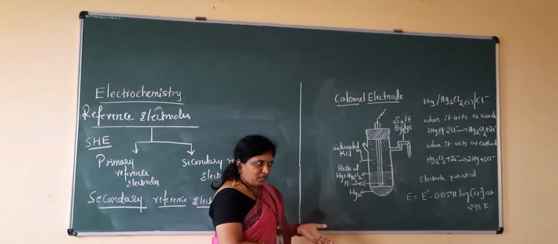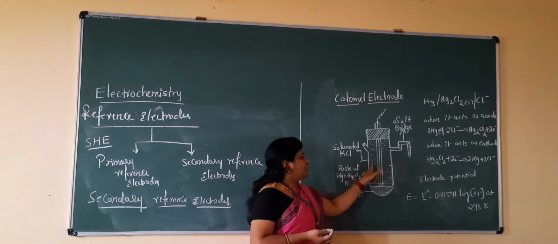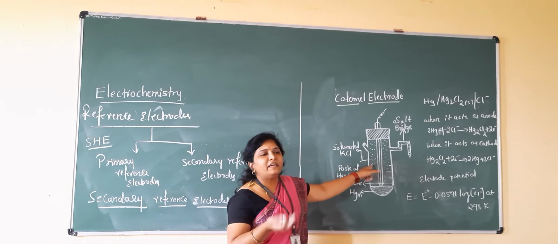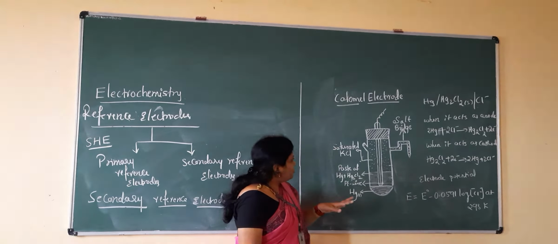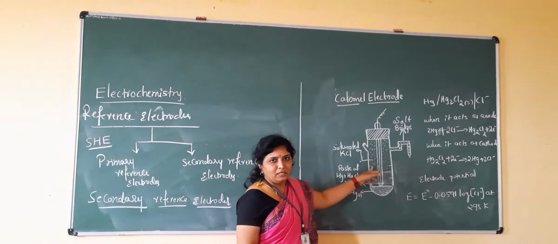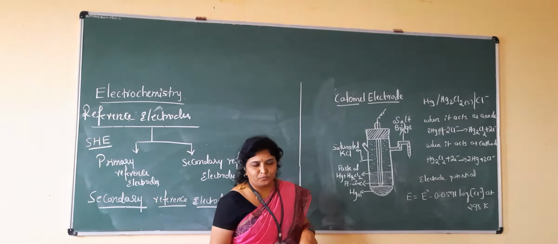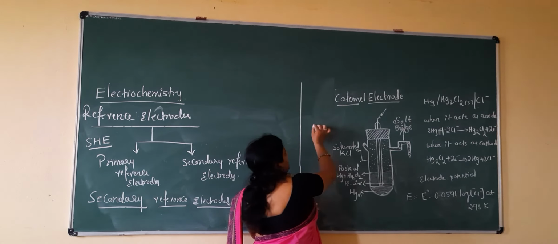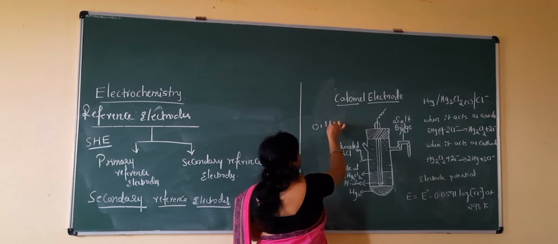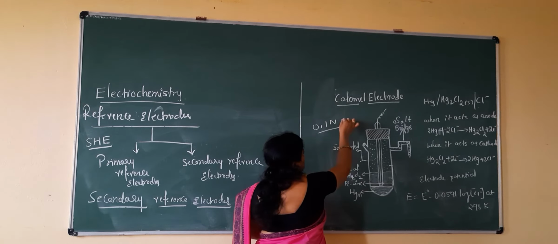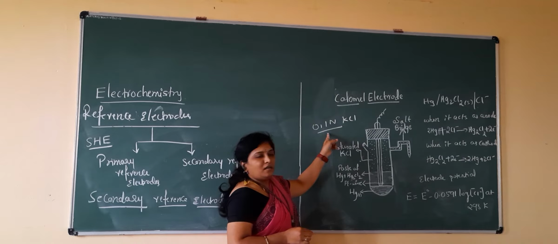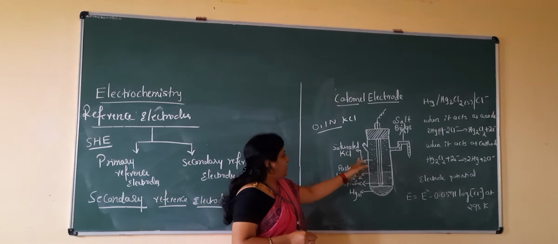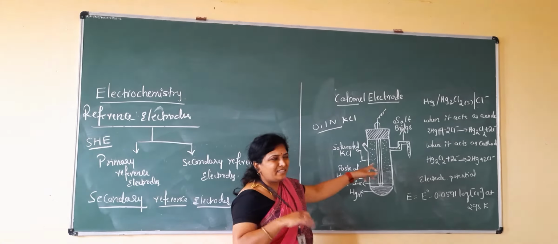Depending on the concentration of the KCl solution, we have different calomel electrodes. If we use saturated KCl, then it is a saturated calomel electrode. If we use 0.1 normal solution of KCl, then it is a 0.1 N calomel electrode.